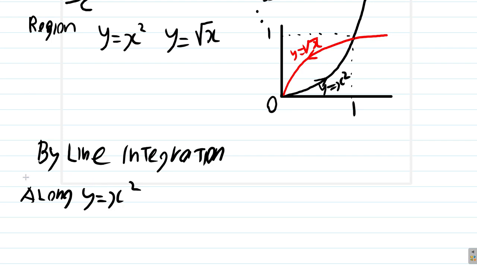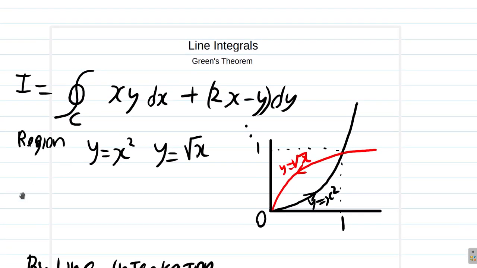If you go along y equals x squared, what would happen? Now, let's use a parameter, right? Because when I have a problem with this function, and remember, by the way, all of this is integrated, even though I didn't put the brackets there. It's not just xy dx is integrated and then you add 2x minus y dy later on. All of it is integrated.